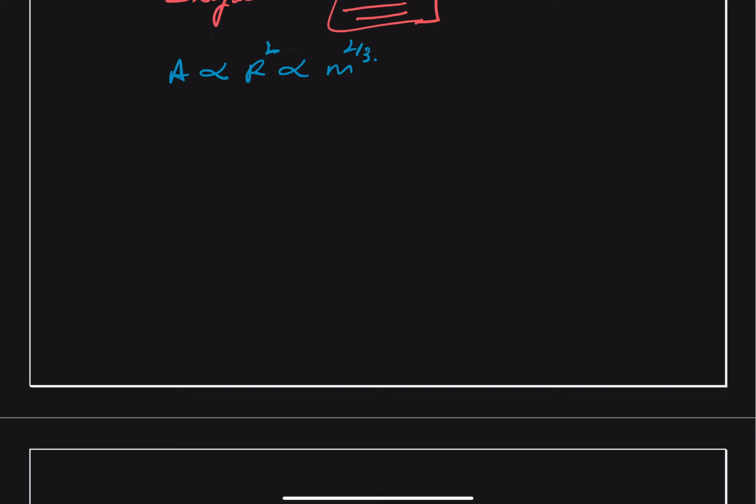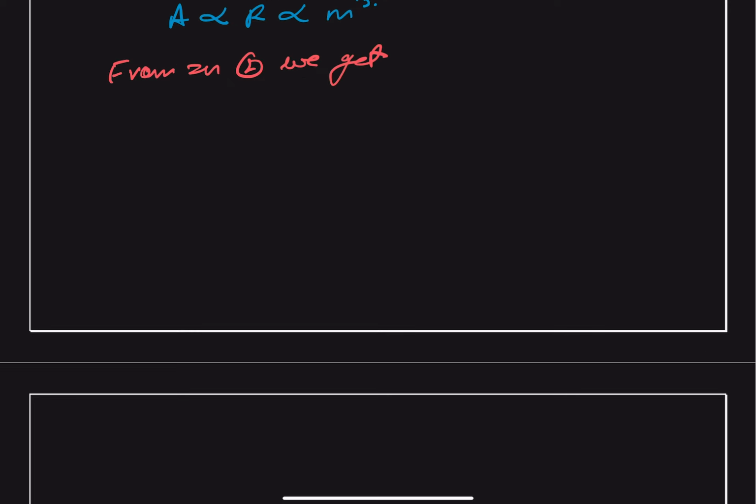From equation 2 we get delta T upon T is proportional to m raised to power 2 by 3 divided by mass m, which comes as m raised to power minus 1 by 3, or 1 upon m raised to power 1 by 3.